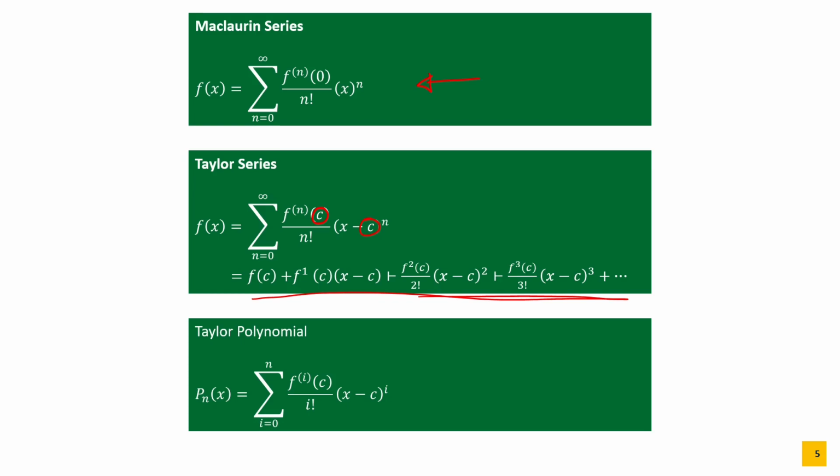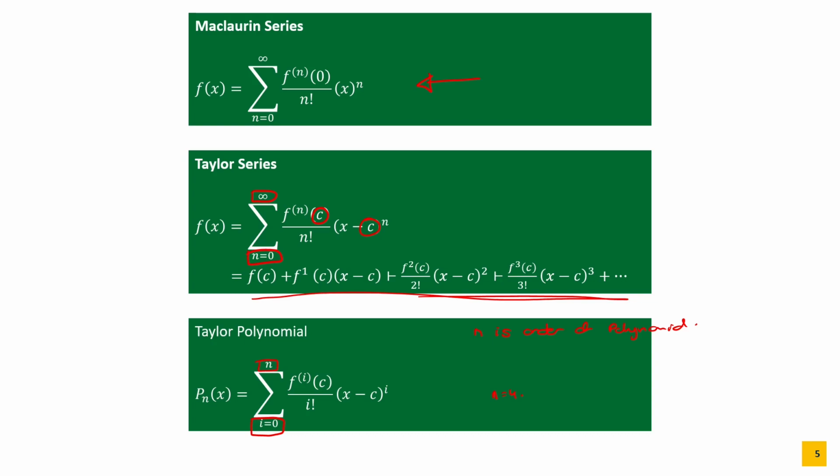Now we have a thing called Taylor's polynomial, which stops it at a point. So instead of having n equal to 0 to infinity, we are going to have i equal to 0 to n, where n is the order of the polynomial. Then if we say we want the fourth order Taylor polynomial, we'll just sub in n equal to 4, and it's only going to go up to x to the power of 4.